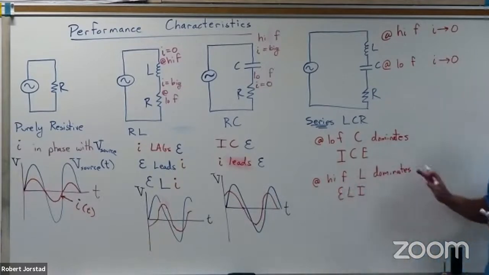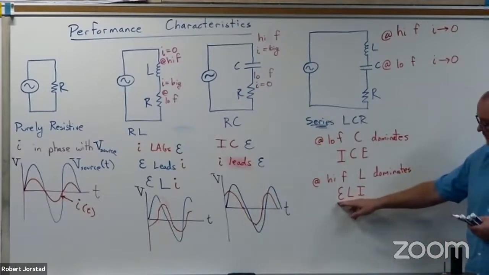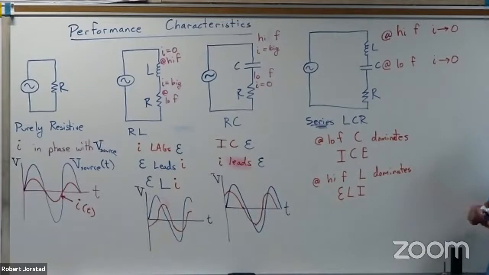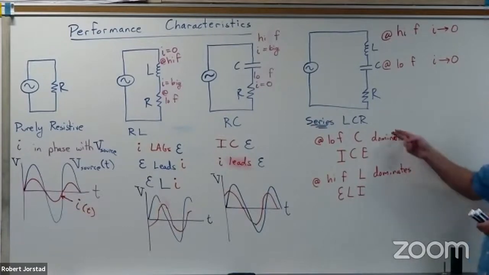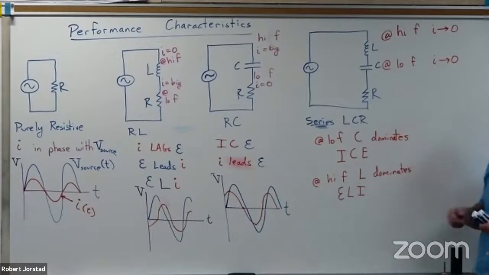So at very high frequencies, the source voltage will peak before the current flow. And then even crazier, this begs the question, there must be some frequency that's just right where these two have equal power, or equal dominance, I should say.